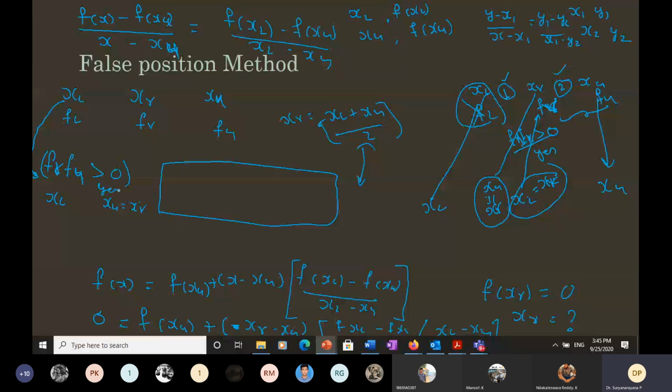If this is no, that means this has the root, so we'll throw away the XL and the new XL becomes XR, and XU still stays the same. Okay, again, it's up to you. You can check these two or you can check these two, but then decide which half has the root, and just throw away the other part.